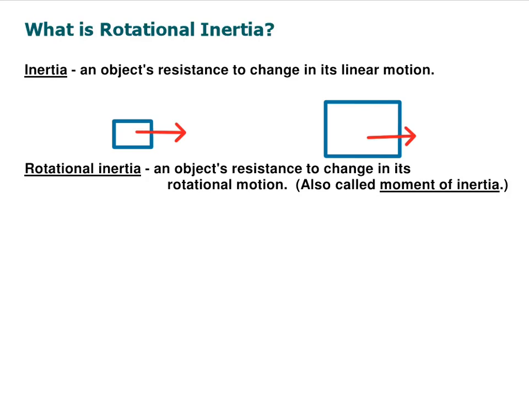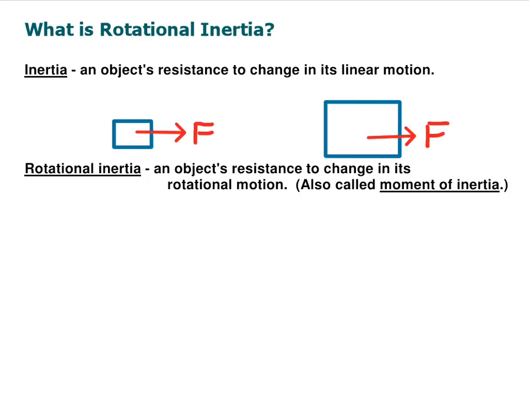So if I have two different boxes of two different masses, and I push on them with the same force, as I indicate with this red arrow here, one of these two boxes will experience a larger change in its motion than the other. Well, Newton defined change in motion as acceleration.